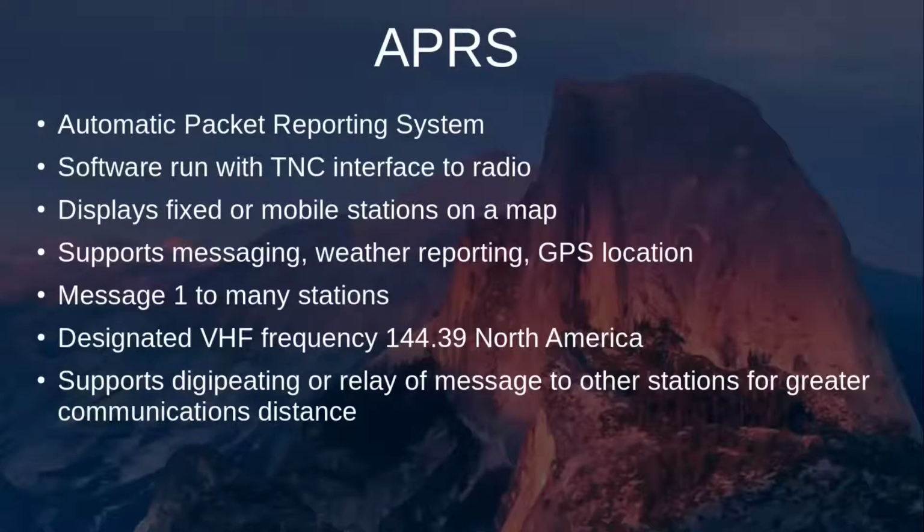But it associates packet radio with a map, which exponentially increases its value. So stations can be displayed as fixed stations, or you can actually display mobile stations, because APRS can be interfaced to a global positioning system and get real-time location data that is displayed on a map.